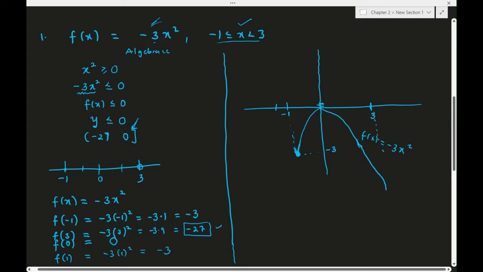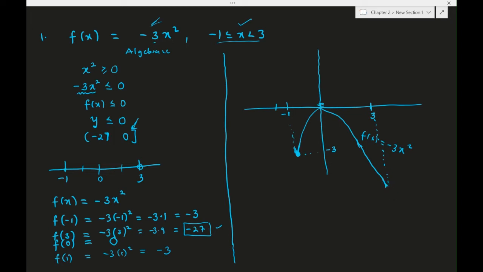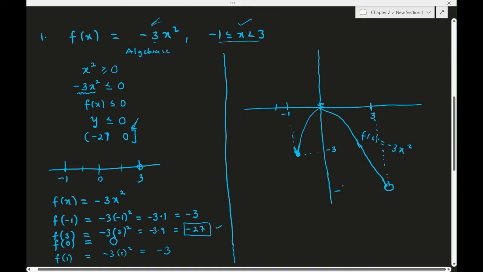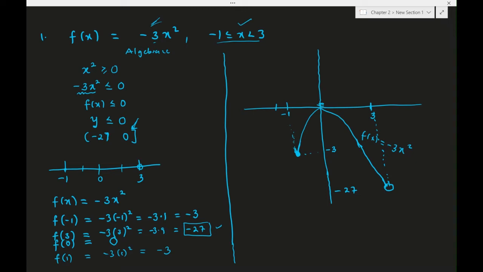And now this one should touch the curve at minus 27, but it's going to be open. Why? Because x equals 3 is open. So if I stretch this down a little, we're assuming that here is actually going to be minus 27. So this is the graph of this function.